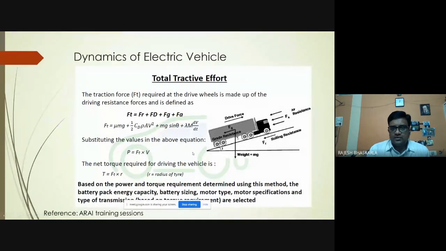And acceleration due to gravity: whenever we have to pull the vehicle upwards or downwards, whenever we are moving the vehicle up the hill or up the gradient, then more force is required. That force required to pull the vehicle upwards is called Fg, the force required for acceleration due to gravity. And Fa is the simple force which is required to move the vehicle. Okay, right.